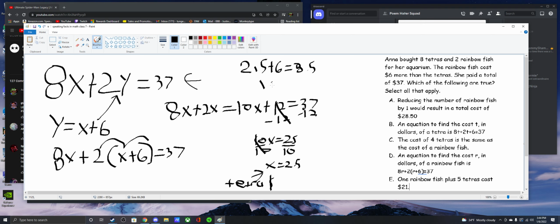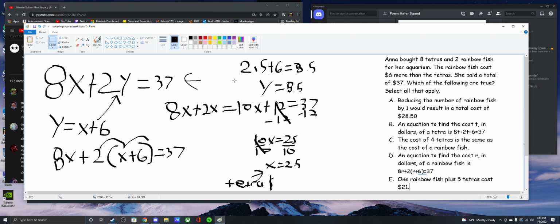We'll say y equals 8.5. So rainbow fish costs $8.50 and tetra costs $2.50. Now we can look at the multiple choice here and give us an actual answer.